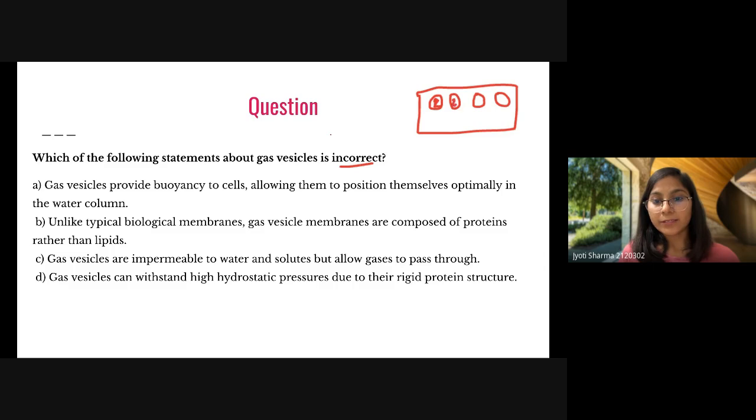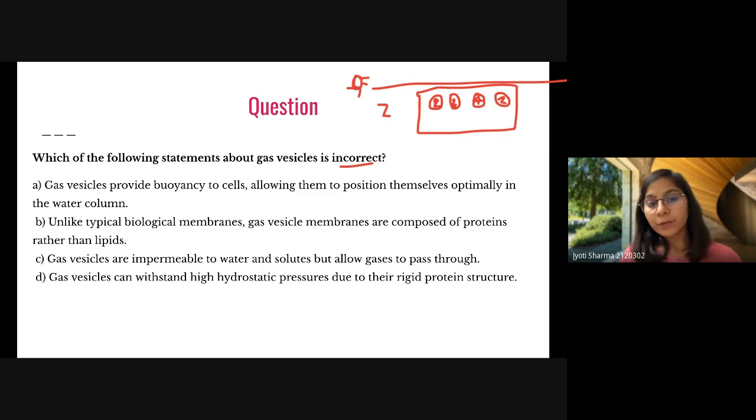What is the work of this gas vesicle? Let's say we have a pond and we have sunlight. For example, if we have algae, then the algae must be at the top of the water so that photosynthesis can happen.